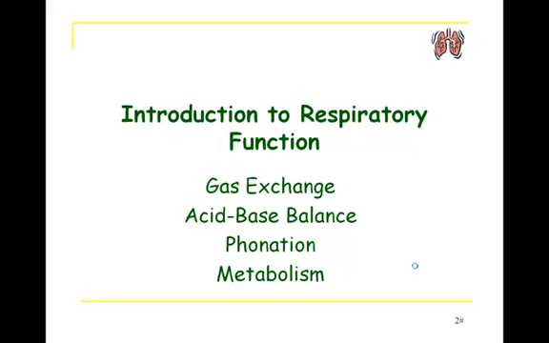The respiratory system obviously is involved in phonation, which is how we produce sound. You need it for nonverbal communication, like grunting, just making weird noises, singing. So it's involved in that. But also, the respiratory system is involved in your metabolism.